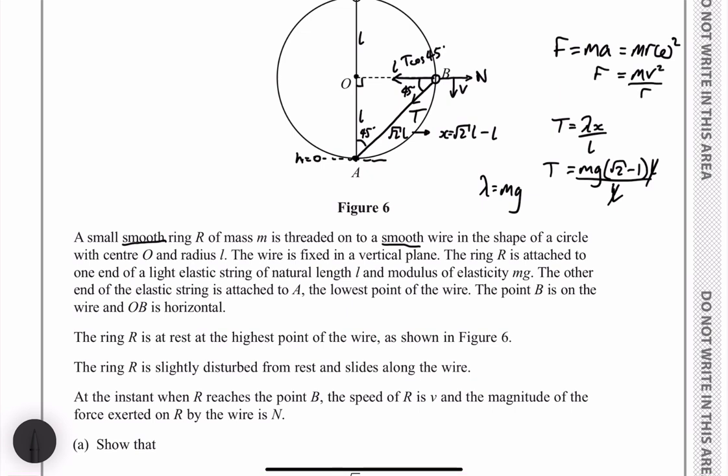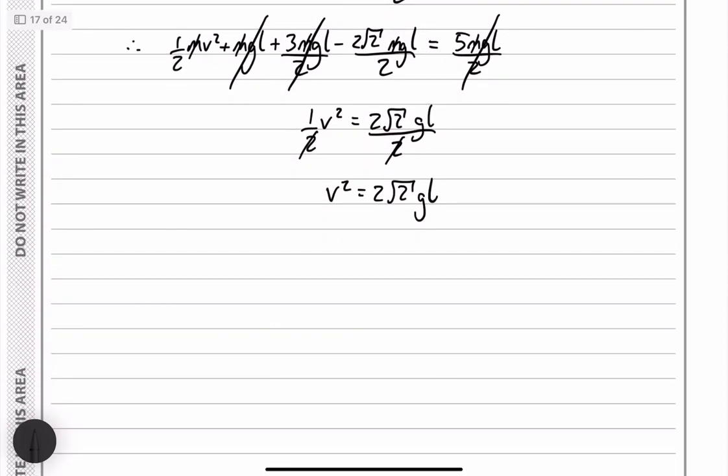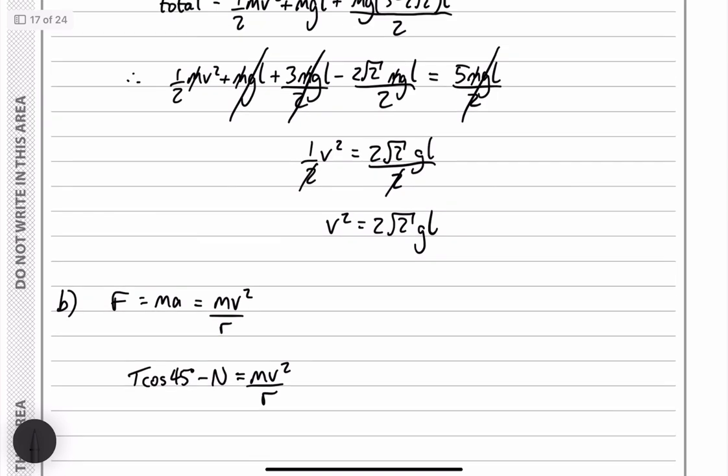And that's our resultant force, in this case T cosine 45 minus N. So putting all that down here, part B, we've got F is equal to ma, which is equal to mv squared over r, so T cosine 45 degrees minus N is equal to mv squared over r. And hopefully you can already see how useful part A is, because we can substitute v squared for the expression we found in part A.